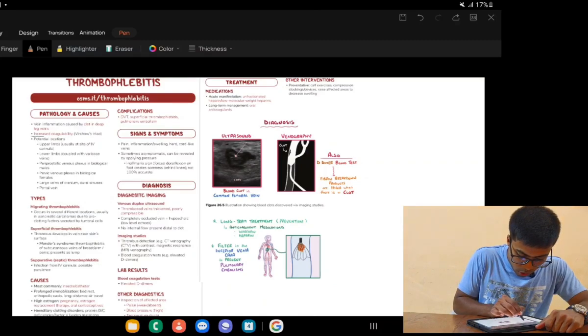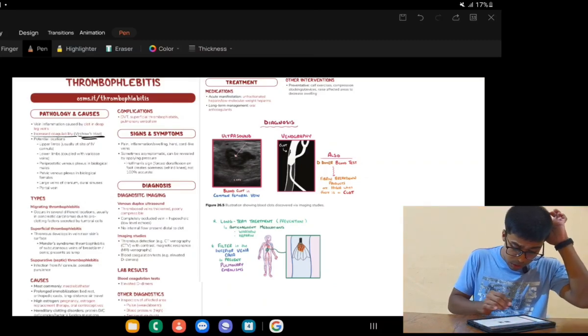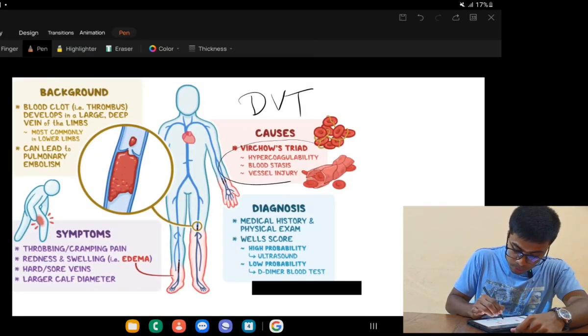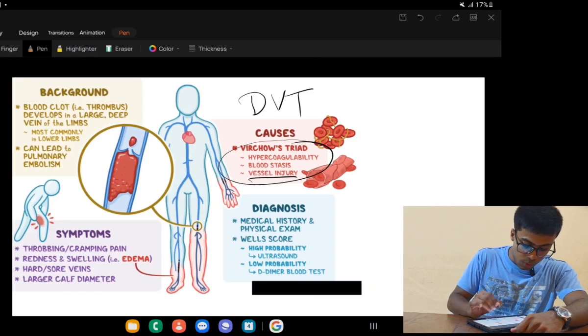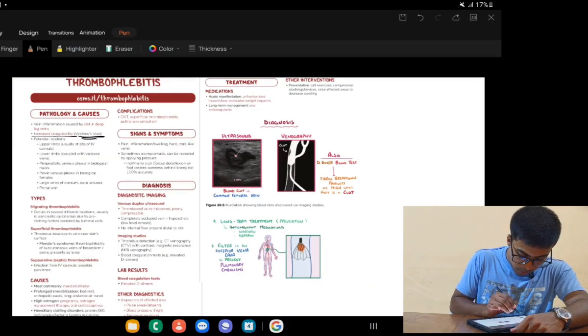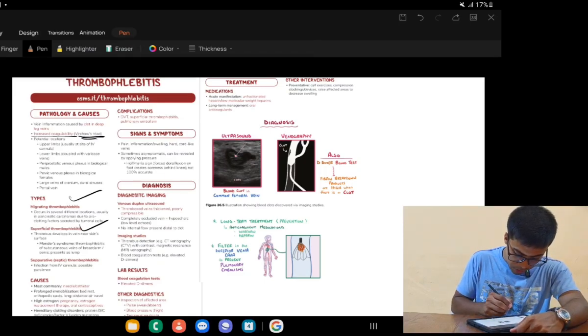So thrombophlebitis means increased coagulability. Virchow's triad will be seen here also. A Virchow's triad question will be asked. So what is Virchow's triad? You have to see hypercoagulability, blood stasis, and vessel injury. So this is one question. Now thrombophlebitis types: migratory thrombophlebitis is the significant superficial thrombophlebitis.